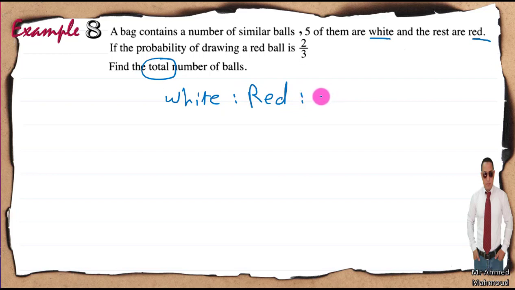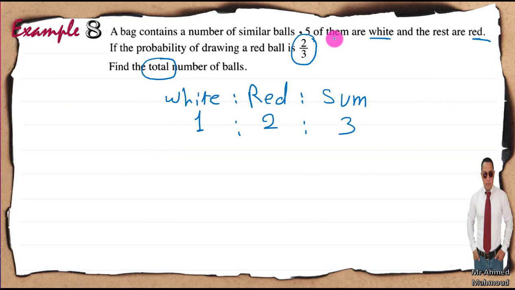to total or sum. The probability of red is 2 over 3, so the red is 2 and the sum is 3. Why the sum? Because the probability equals red over total, or red over sum. Now to find the white, I subtract 3 minus 2 equals 1.